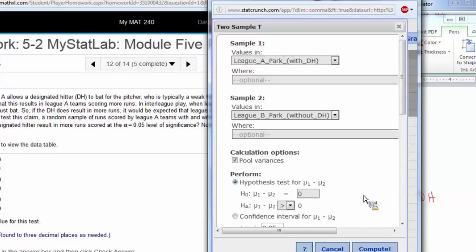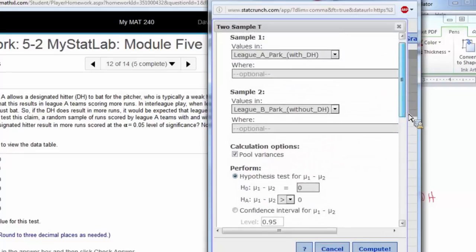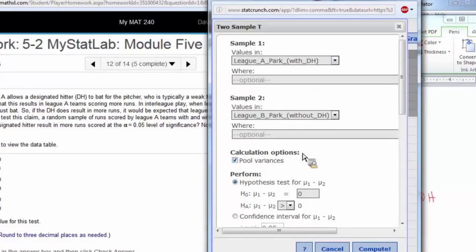Okay, now I have to do one more thing. What do I have to do? Unclick the pool variances. Exactly.